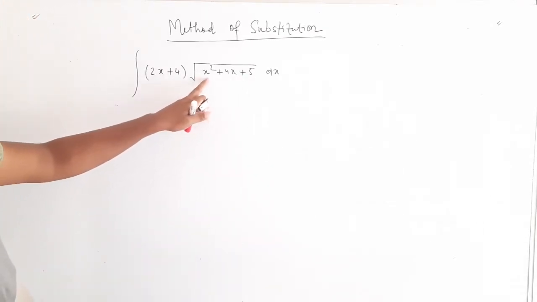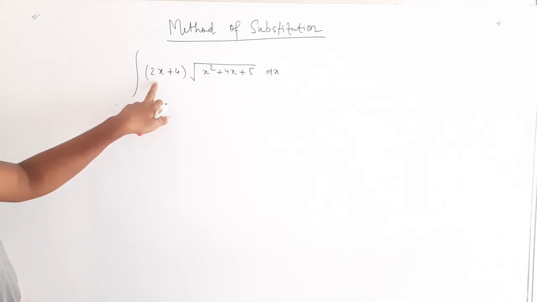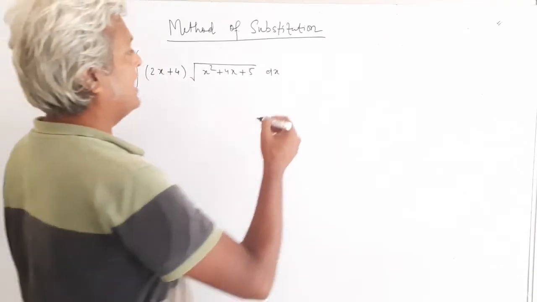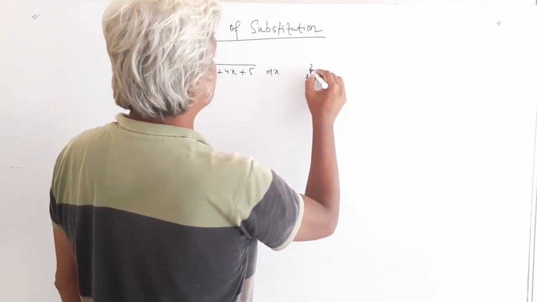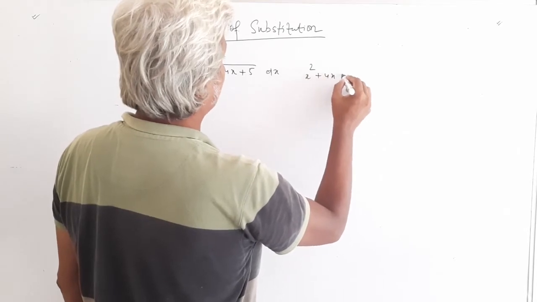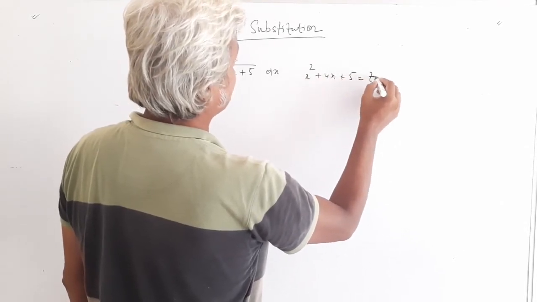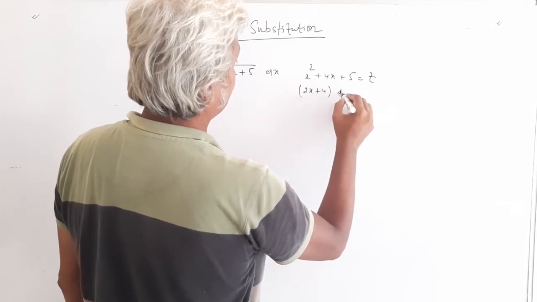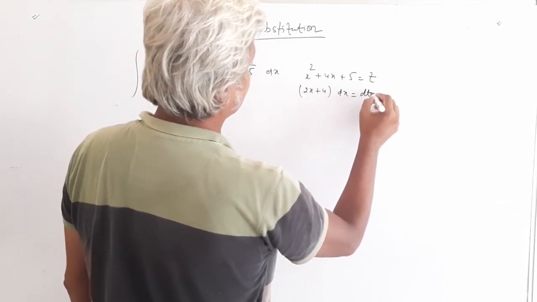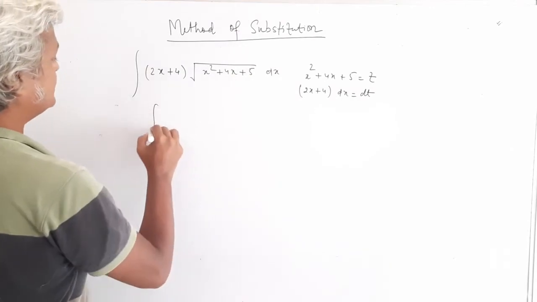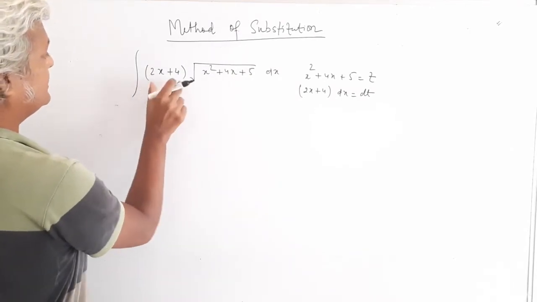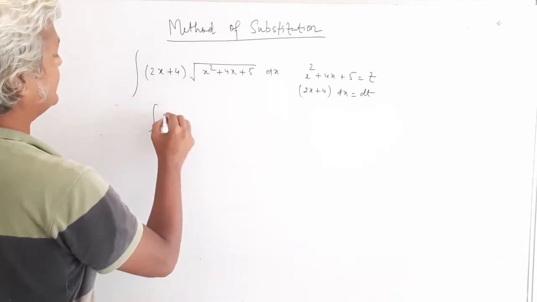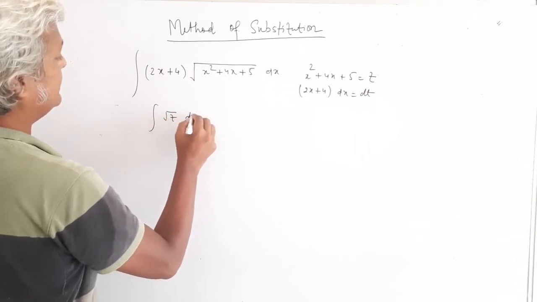It means the differentiation of x square plus 4x plus 5 is 2x plus 4. So I can take the whole thing x square plus 4x plus 5 as t, then I get 2x plus 4 dx equals dt.